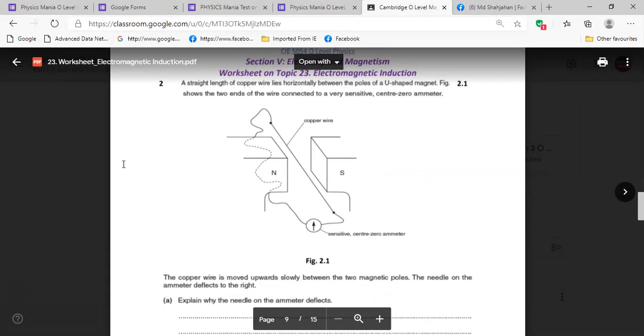A straight length of copper wire lies horizontally between the poles of a U-shaped magnet. Figure 2.1 shows the two ends of the wire connected to a very sensitive center-zero ammeter. The copper wire is moved upwards slowly between the two magnetic poles. The needle of the ammeter deflects to the right.